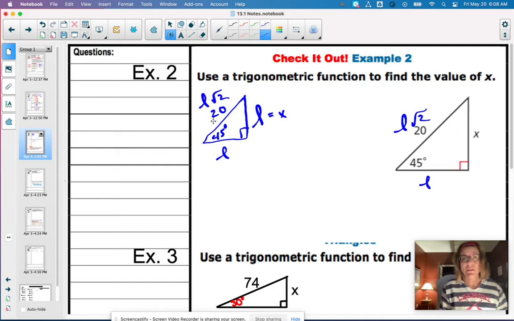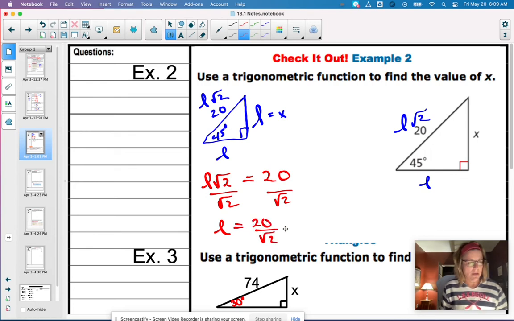Well, the side we know is the side we're going to start with. We know this side of a 45-45-90 is L root 2. So I'm going to set L root 2 equal to 20 and solve for L. So divide both sides by square root of 2. L is equal to 20 over root 2. And we're going to rationalize the denominator because we don't leave a radical in our denominator.